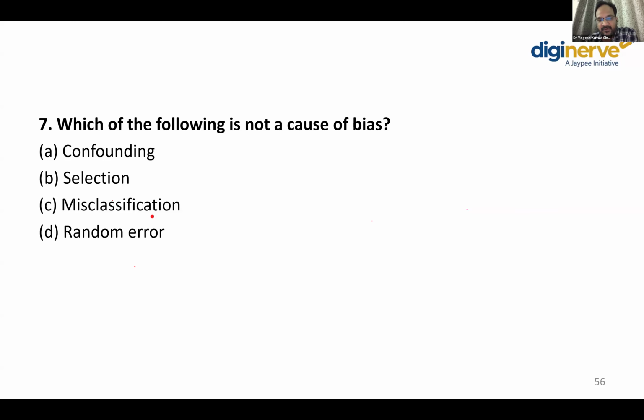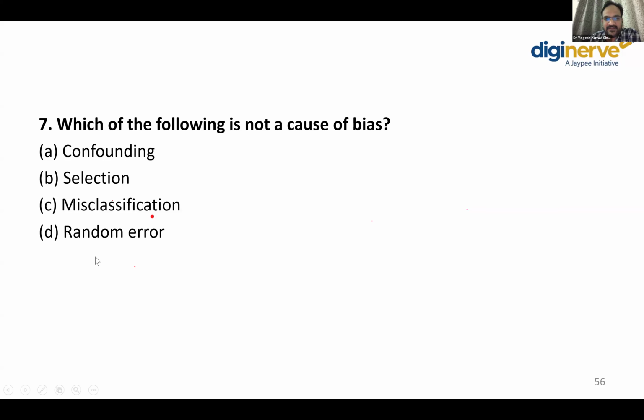Here, confounding factors are bias, selection bias is a bias, misclassification can cause bias, but random error is the sampling error, and the bias is called the systematic error. So random error cannot be bias.